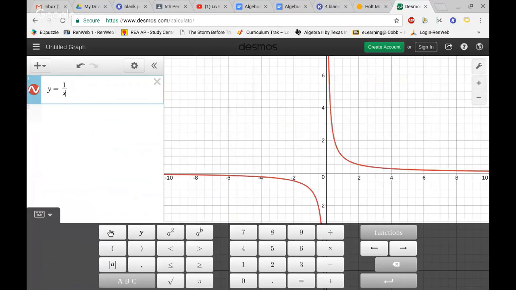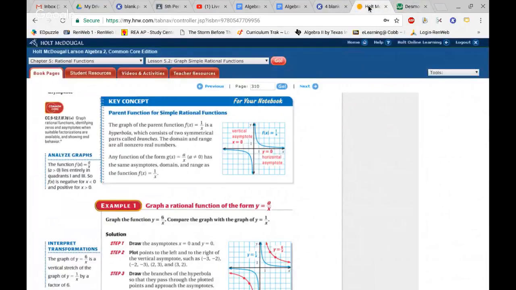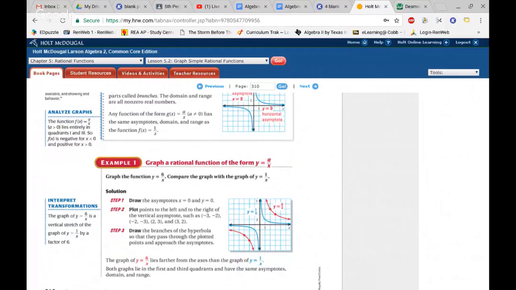If you had to guess, and just remember, no big deal if you don't get this right, but based on what the textbook says over here, graph the function y equals 3 over x and then compare it with the graph, because this is the example problem that goes along with it. On this particular one, they plotted some points.